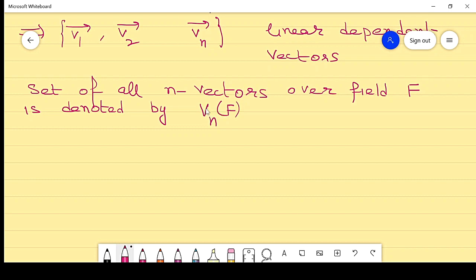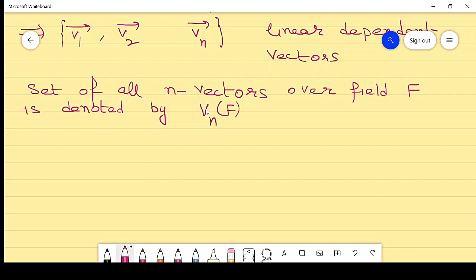So just remember this. Now prove that the set S of all linear combinations of a given fixed set of vectors is a subspace of Vn. So we will discuss subspace and vector space later on.